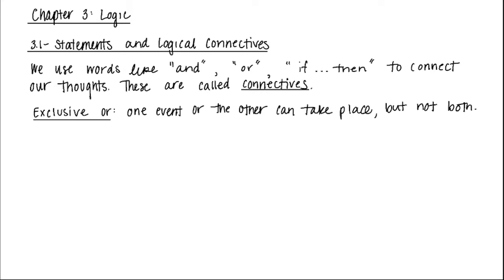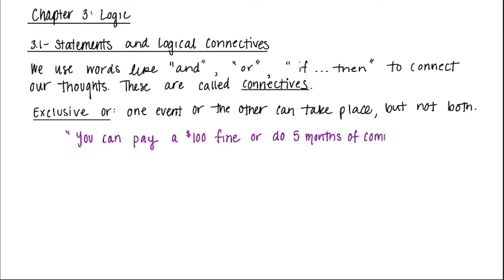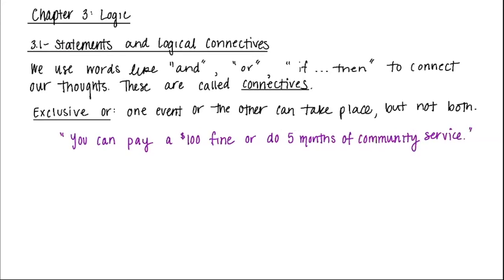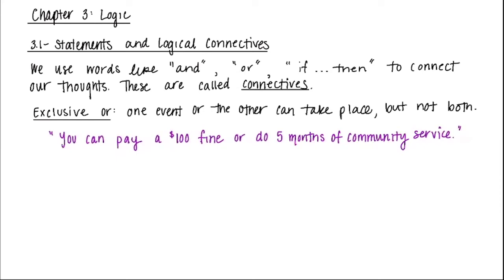Think of if maybe you got charged with something. You were speeding. You can pay a $100 fine, or do 5 months of community service. You're definitely not going to want to do both of those. You have one that you have to complete for this to happen. So you're going to pick the $100 fine, or you're going to pick the community service, not both.